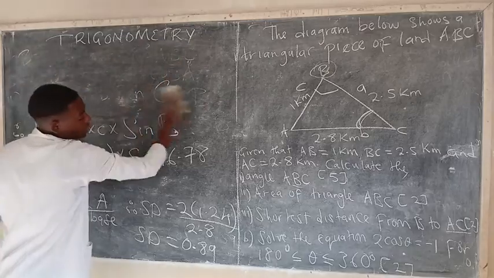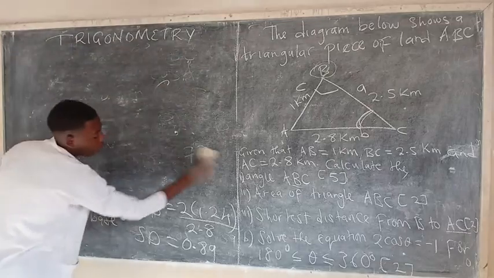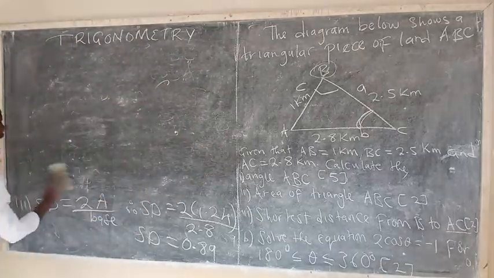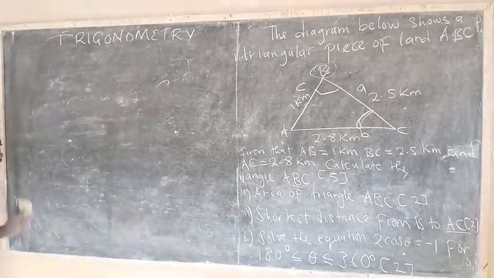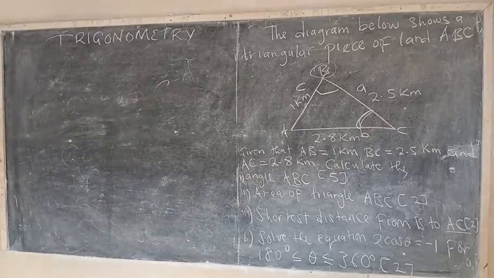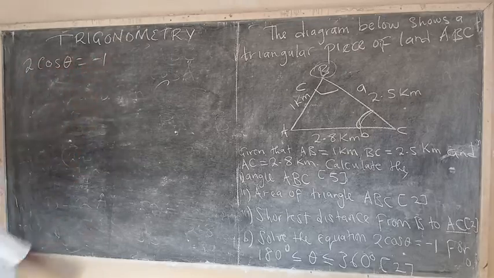So having found the shortest distance, there is now the last question which says to solve the equation 2 cos theta should be equal to -1. So we have 2 cos of theta should be equal to -1.